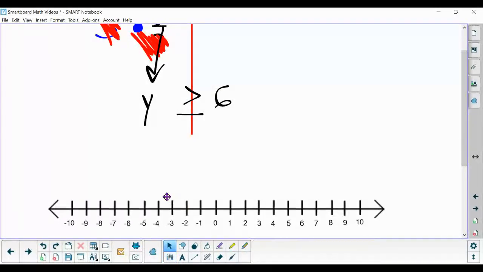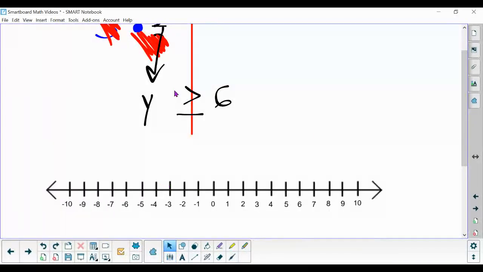But it's not the only thing you have to do. Next, we're going to graph this inequality onto this number line. So first, let's start off at 6. Now, if you see the equal to, that means this is going to be bubbled in. That means Y could be 6.